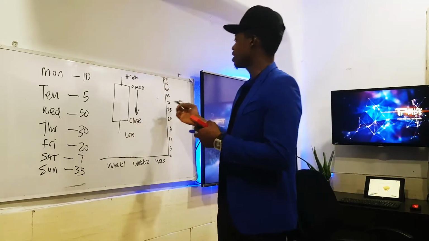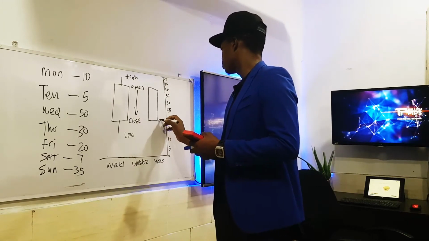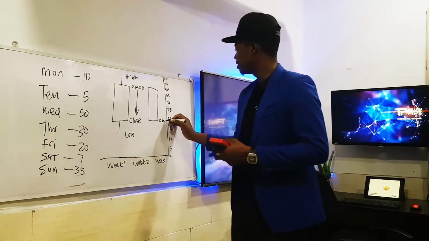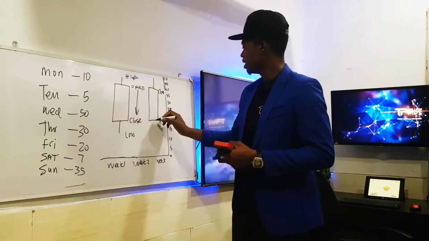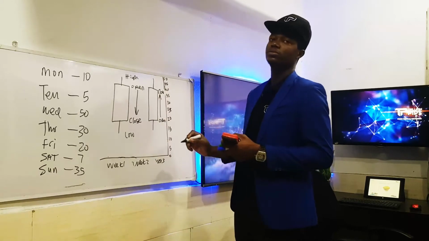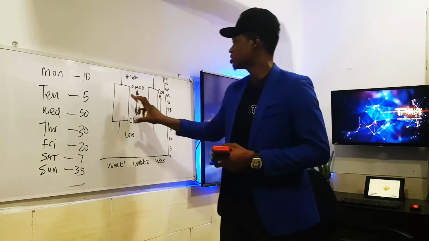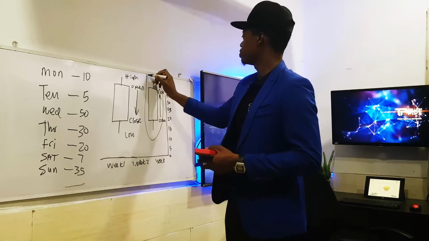So we have another candlestick where the opening price is at the bottom and the closing price is at the top. In this case, the market moves up. So we call this a bearish candlestick and this a bullish candlestick.